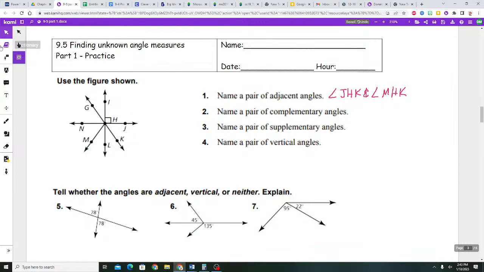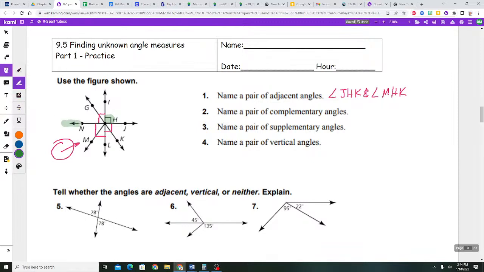There we go. Name a pair of complementary angles. Well, if we look here, this tells us that we have 90 degrees. If we do a little bit of reasoning, though, that means that this is 90 degrees, this is 90 degrees, and this is 90 degrees. So we just need to pick one of these corners to play in. So I'm going to pick this corner down here. If we look here, the complementary angles, there's two angles that make up this angle.